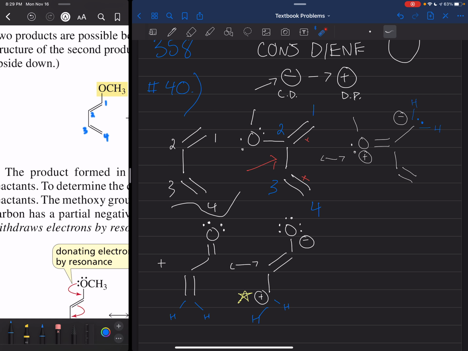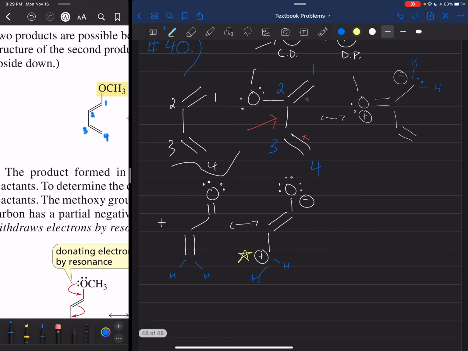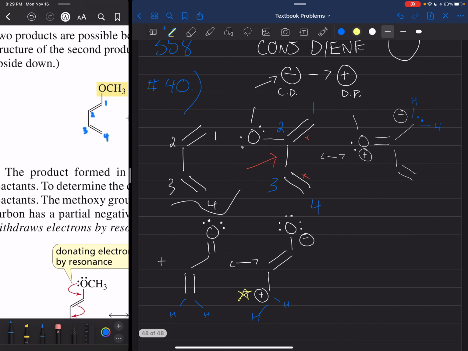Okay, so what in God's name do we do next? Well, now we need to make our approach, okay? So remember this, the positive charge of our dienophile is going to react with our conjugated system of our negative charge. So that is what's going to happen here.